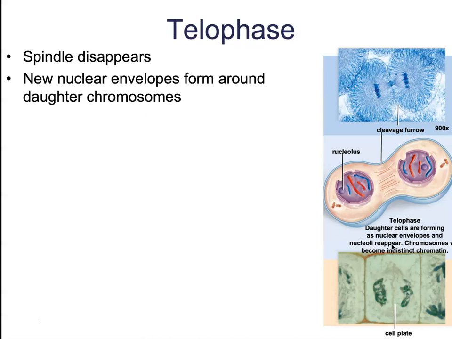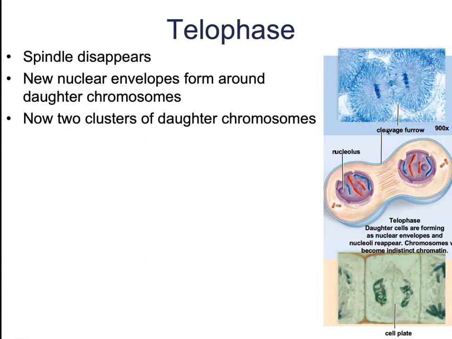Rather than create a nucleus and try and shove the chromosomes inside of it, what we're going to do is just dissolve the nucleus to begin with, and then all we have left are those sister chromosomes. Then we're going to separate those sister chromosomes and reform a brand new nucleus right around the outside of it.